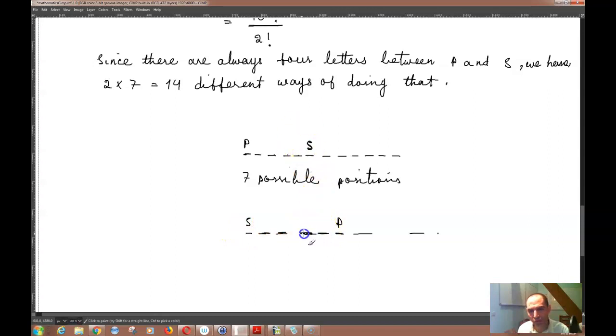So you can make the assumption that it can be the other way around, meaning that S is over here and P is over here. So you get another 7 possible positions. So you have 2 times 7 possible positions, which is 14 possible positions.